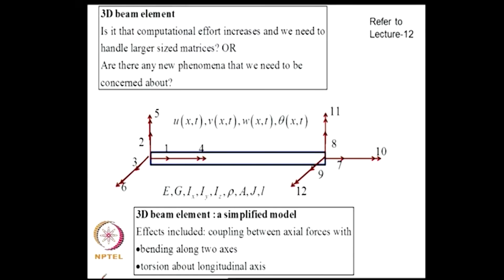See, for example, if the beam cross section is this, one value of p will induce buckling along this direction, another value of p will induce buckling in this direction, and similarly some value of p will induce buckling in twisting mode. So, all these 3 coupling effects, the coupling between axial load and bending, and here twisting, we have included. So, equipped with that now we can simply assemble the matrix including these effects.